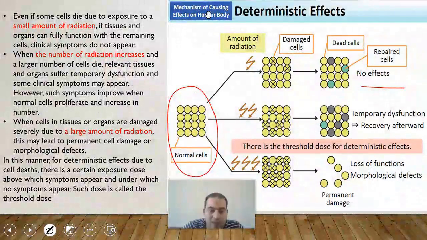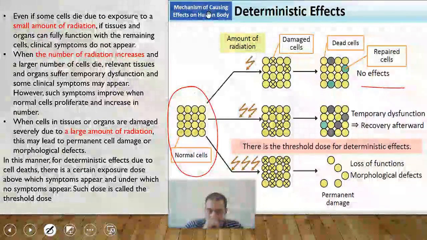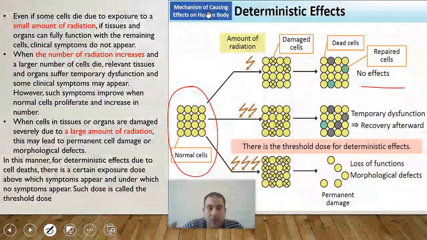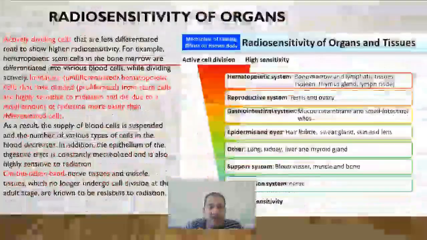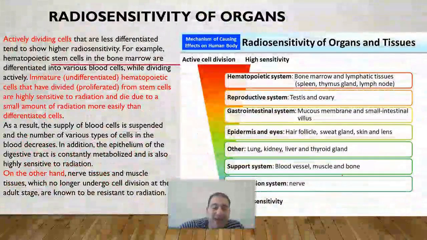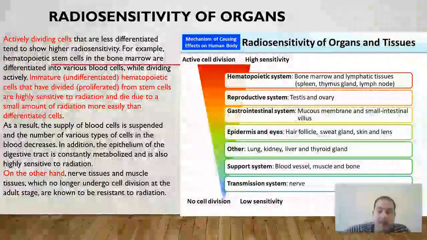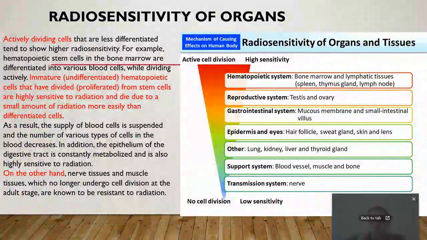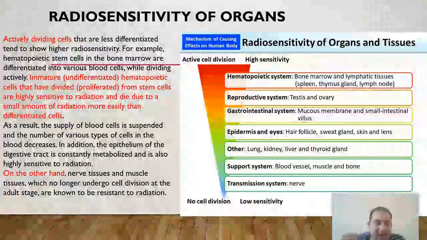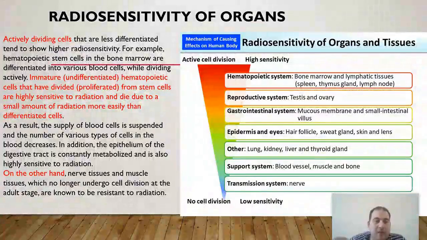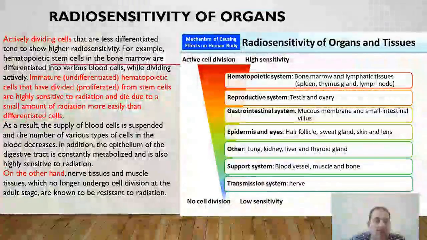This applies under a certain threshold level. Above that specific threshold, the damage becomes irreversible and permanent, leading to a complete loss of function or morphological defects that are visibly present. This is essentially the meaning of deterministic effects.